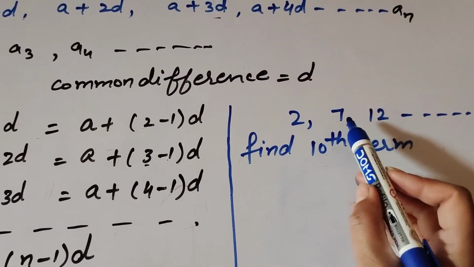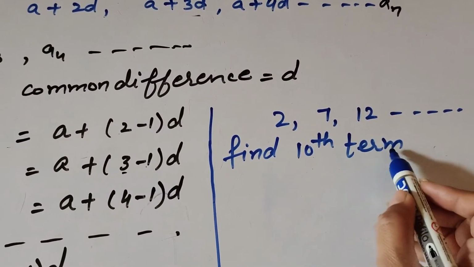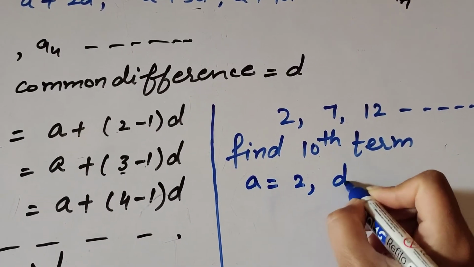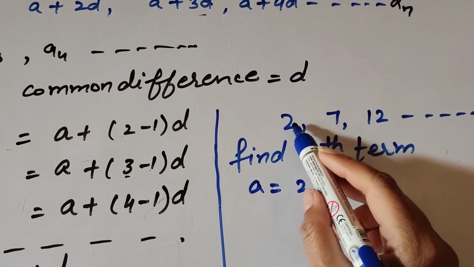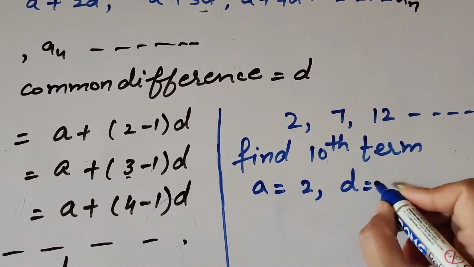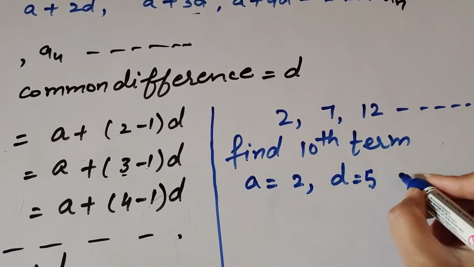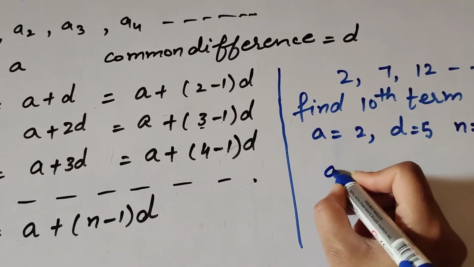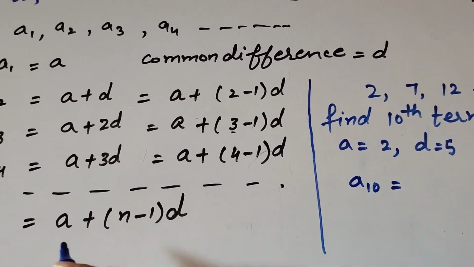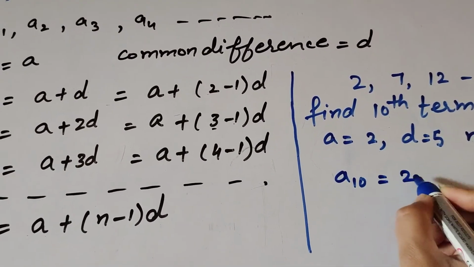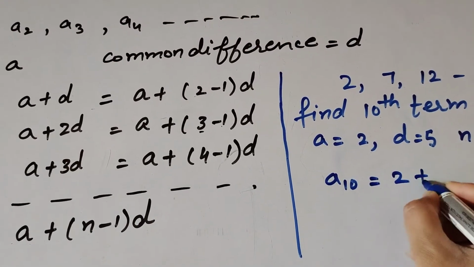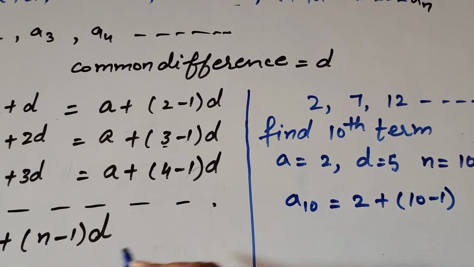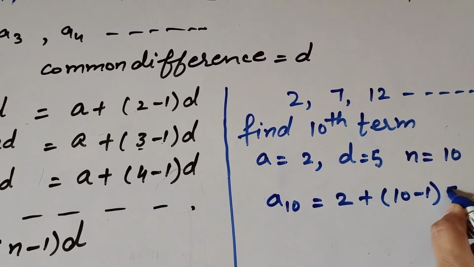So let me take an example. There is a series 2, 7, 12 and so on. We find its 10th term. In this, the first term is given, it is equal to 2, and the difference is 7 minus 2, which is equal to 5. We find the 10th term, so n is equal to 10. So a10 is equal to a, the first term 2, plus n minus 1, that is 10 minus 1, times d, which is 5.